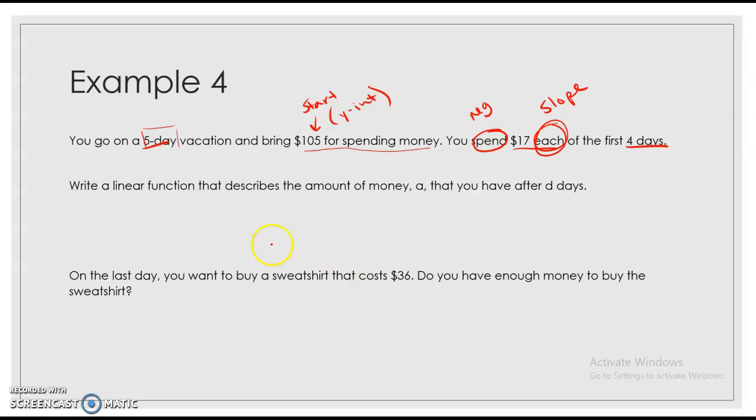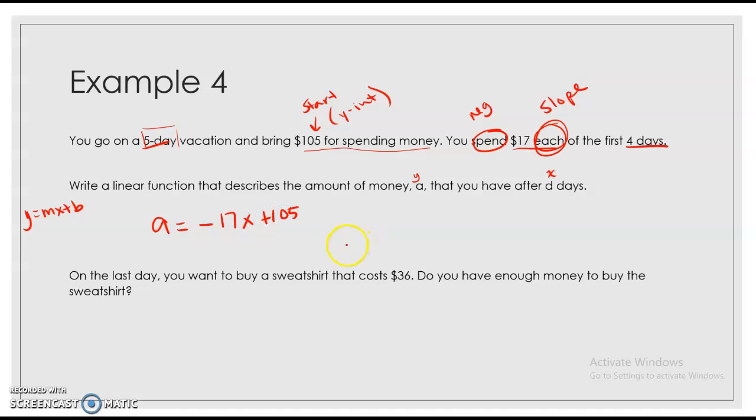So we want to write a linear function that describes the amount of money A, so that's going to be like our y, that you have after D days, which is going to be our x. So we're going to have A equals our slope, which is negative 17, right? Because y equals mx plus b. So negative 17x plus the 105 we started with.